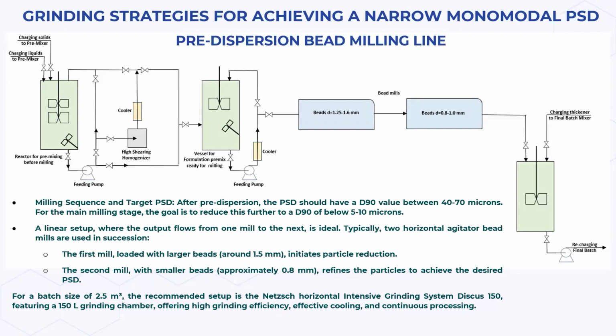For a batch size of 2.5 cubic meters, the recommended setup is the Netzsch horizontal intensive grinding system, Discus 150, featuring a 150-liter grinding chamber and a powerful 75 to 90 kilowatt drive, offering high grinding efficiency, effective cooling, and continuous processing.